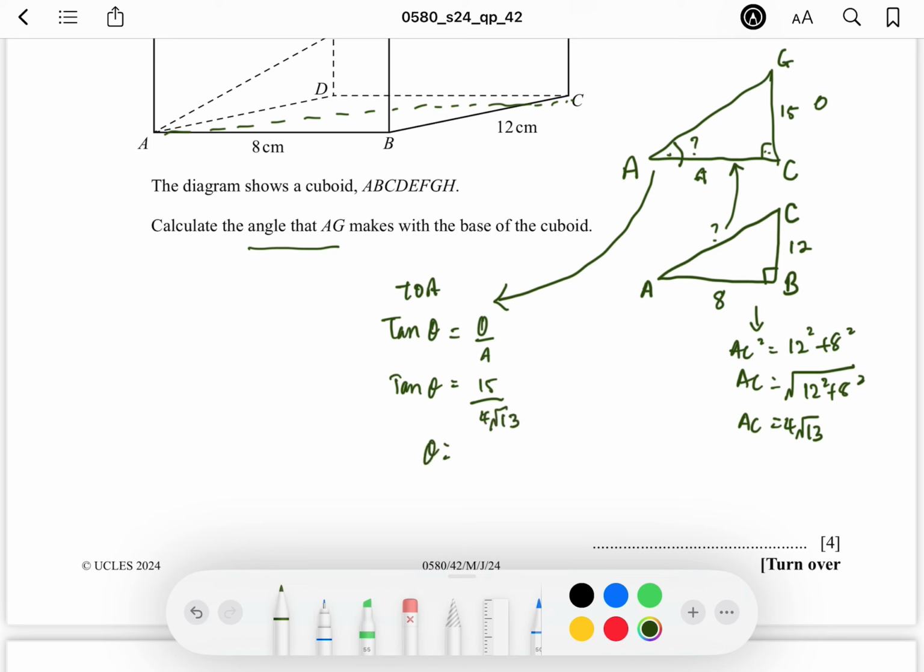So theta is equals to tangent minus 1, 15 over 4 root 13. Okay. And then boleh pakai calculator.